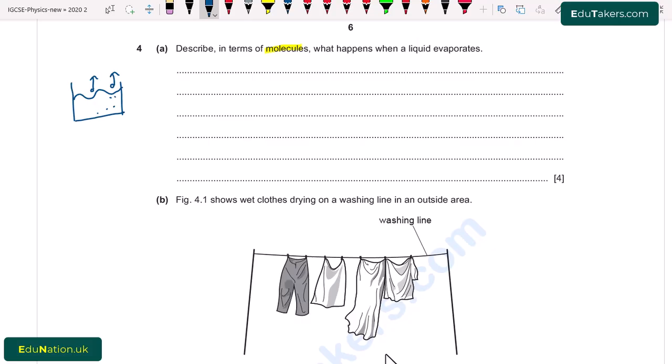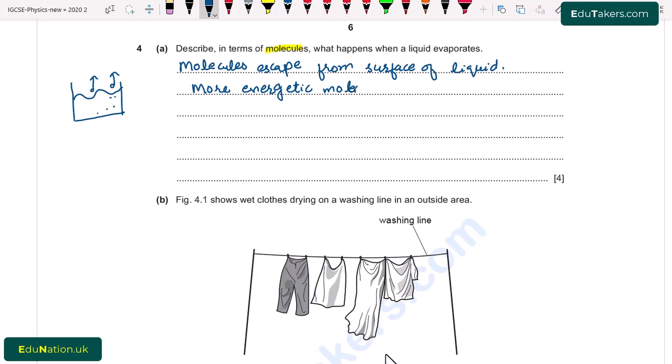So I am writing here: molecules escape from the surface of the liquid, more energetic molecules escape, less energetic molecules are left behind.